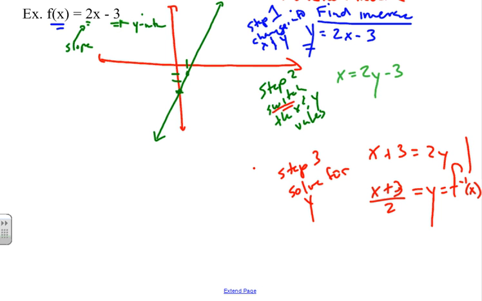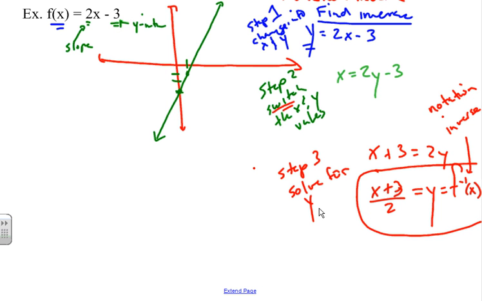This actually means inverse. It's inverse function notation. Just like the negative exponent of -1 means the reciprocal, they use this notation when you deal with inverses. It's just notation for inverse. But that's our inverse. This is it right here.